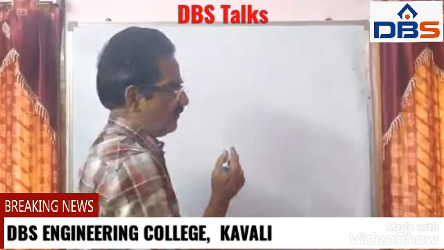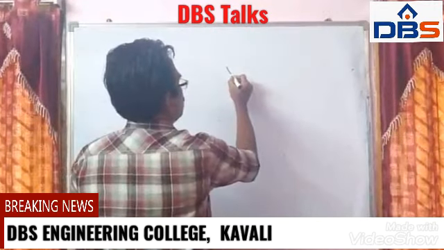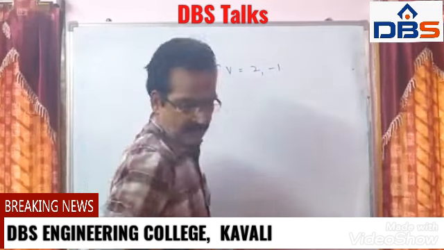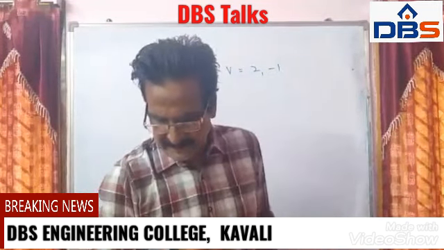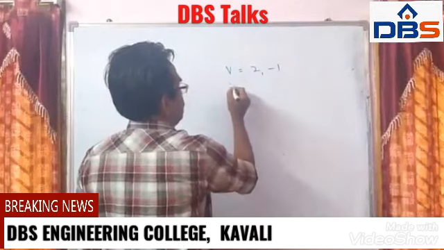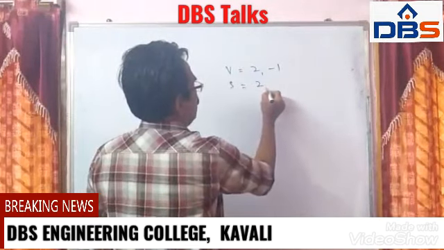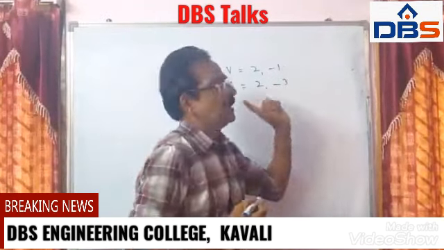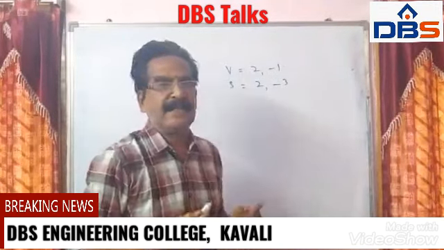Okay friends, let us see one more problem. What is the equation of the parabola whose vertex is 2, minus 1 and focus is 2, minus 3?